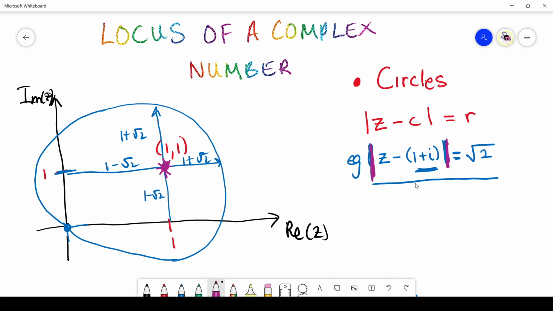All right, and please take note that sometimes you'll see questions that look like this. They will have |z minus 2 plus i| being equal to 1, and students will tend to plot negative 2 with positive 1, and that is actually incorrect. If you notice, the format is z subtract c, where c is the actual complex number or complex point you want to plot.